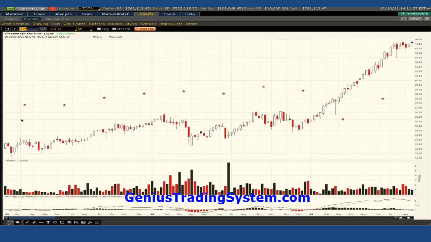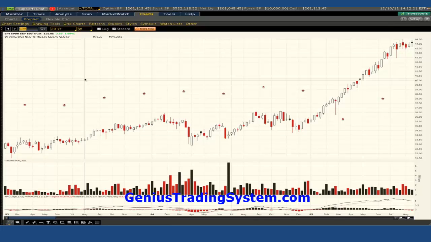Now, there's a couple of things that are interesting about this chart, and they're obvious. Number one is that it looks and appears to be the beginning of an uptrend through 1993 and 1994. There's one very important event on this chart.